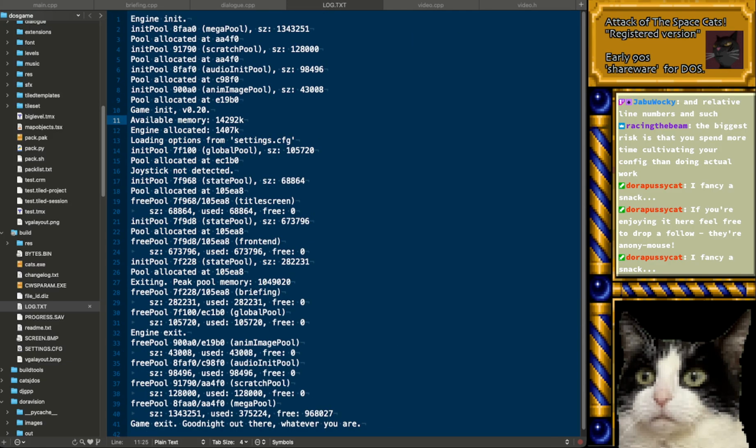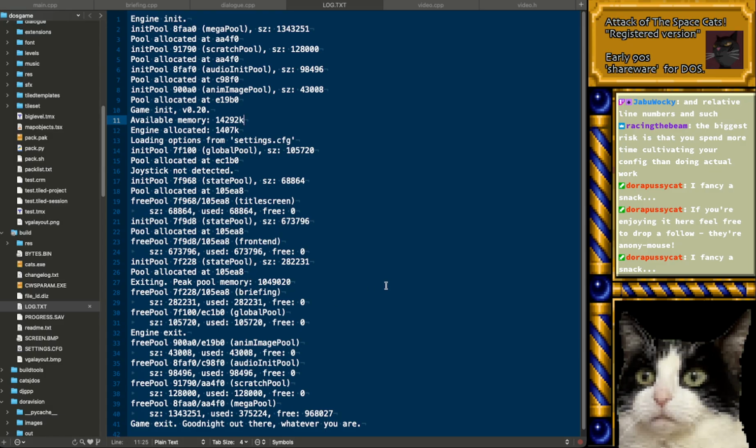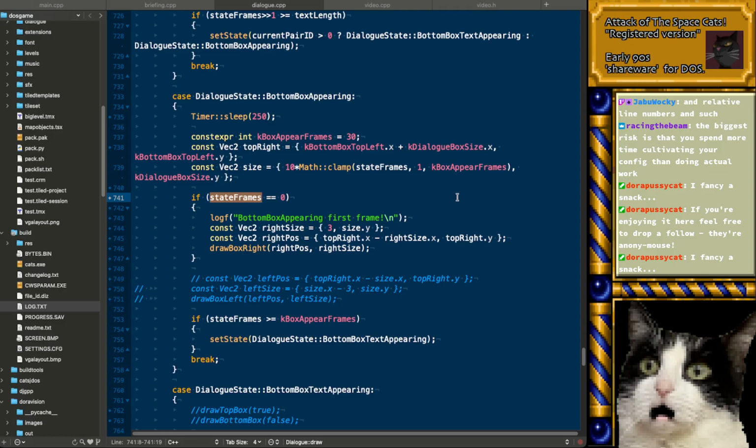Bottom. That doesn't fit. Target screen, front end, and then there's briefing. Okay, so the log's up to date, but it just didn't print out. State frames was never 0.